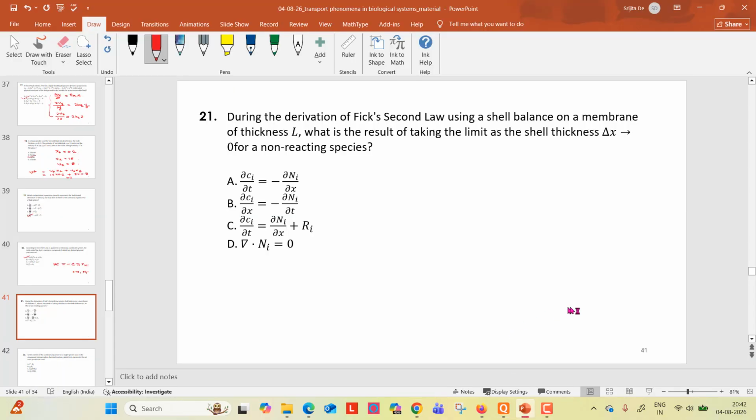During the derivation of Fick's second law, using a shell balance approach on a membrane of thickness L, what is the result of taking the limit as the shell thickness delta x tends to 0 for a non-reacting species? So you already know these things.